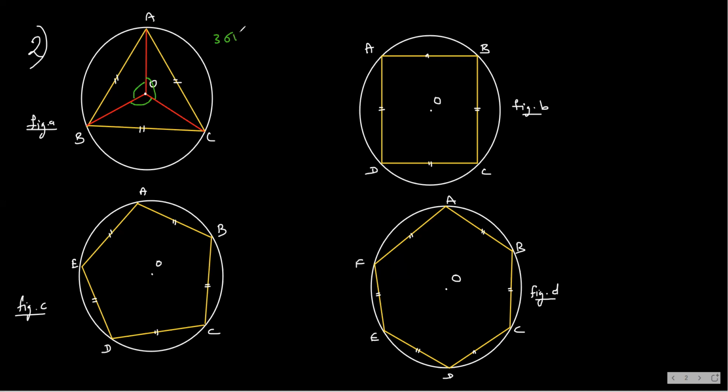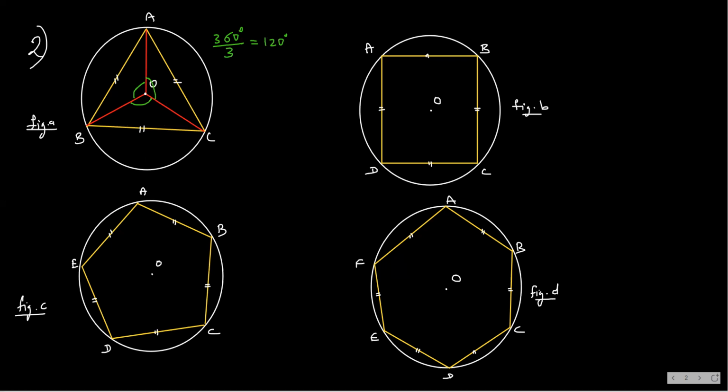So 360 degrees divided by 3 is equal to 120 degrees. So what is the angle subtended at the center of a circle by the sides of an equilateral triangle? It is 120 degrees each.